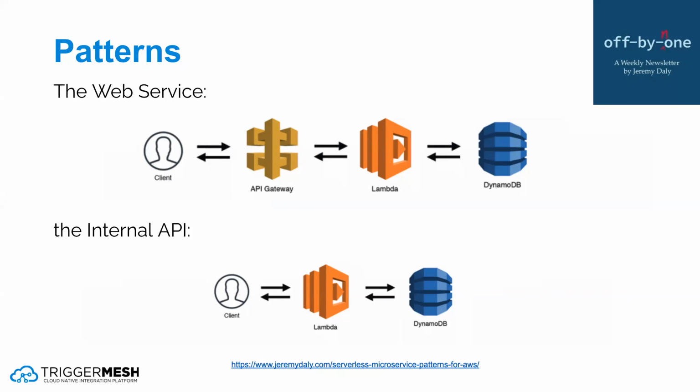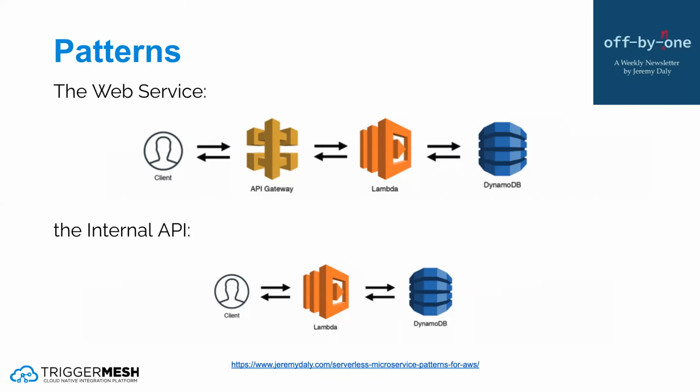Jeremy wrote an article called Serverless Microservices Patterns for AWS. AWS is actually ahead of the curve here, so we can learn a lot by looking at this and seeing how it can be adapted or adopted within an open source type environment. So let's review a few of those patterns.